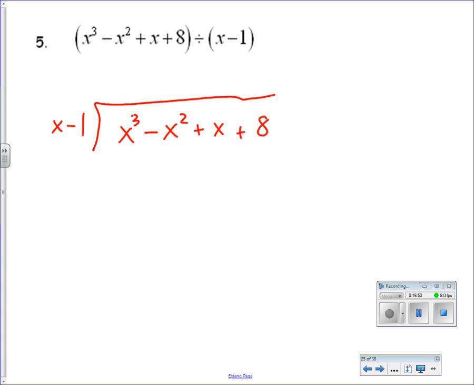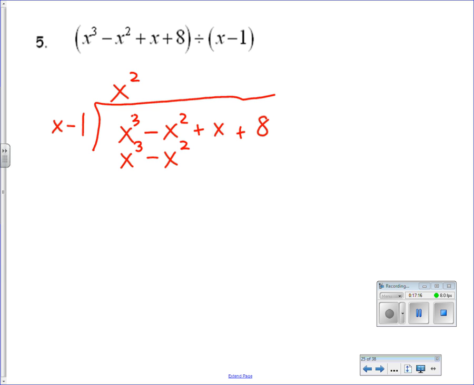Okay. All right, so let's finish this up one more time. So if I have x and I want to make an x cubed, what do I need? Yes, so x squared, correct. Multiply down. X squared times x is x cubed. Negative 1 times x squared is negative x squared. Something weird happens here. They both cancel out.